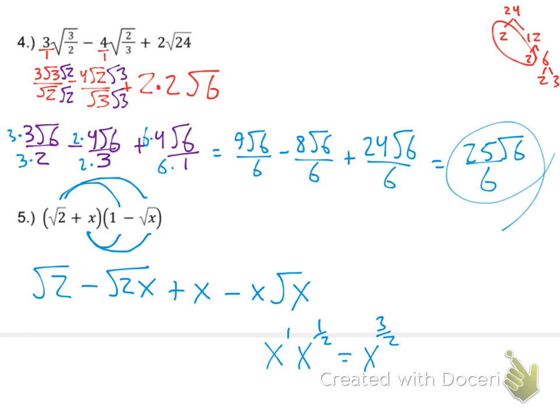Now the question is, why don't I simplify this to that? Well, first of all, this is exponent form, this is radical form. And if you notice, this is a square root of x cubed, because the 3 is on top. How many x's are in that x cubed? 3. How many does it take to go to the party? 2. So wouldn't two of the x's be taken out, leaving you with 1 inside?